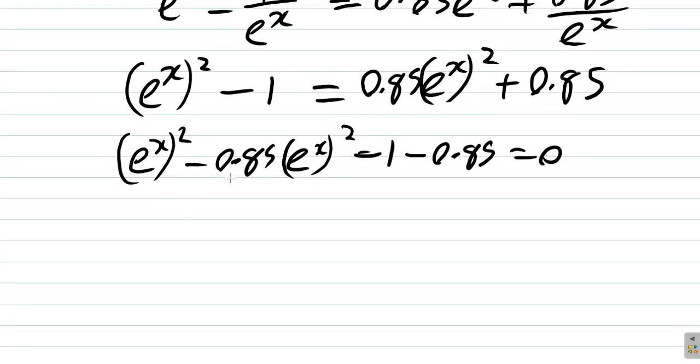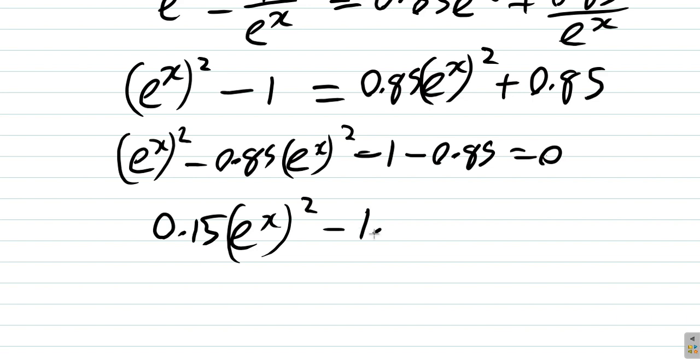Now 1 e to the x squared minus 0.85 e to the x squared will be 0.15 e to the x squared. And you have negative 1 minus 0.85 will be negative 1.85, equals 0. Alright? Okay.